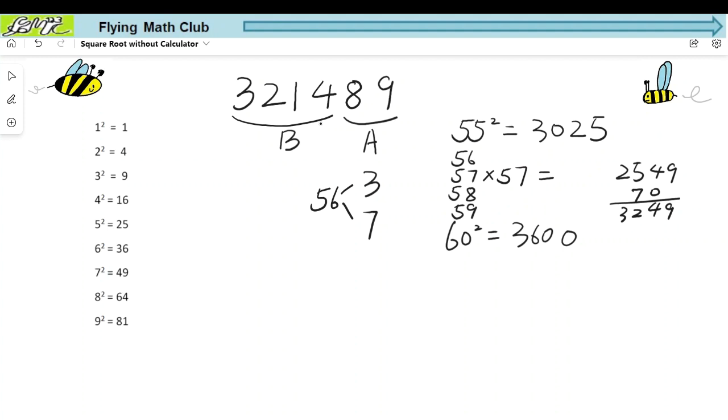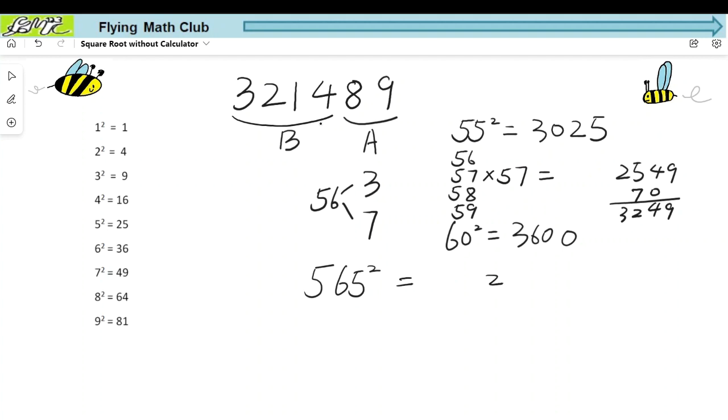So the square root should be less than 57. So 56 is the right number. So the possible square root could be 563 or 567. So we still use the middle number 565 as validation.